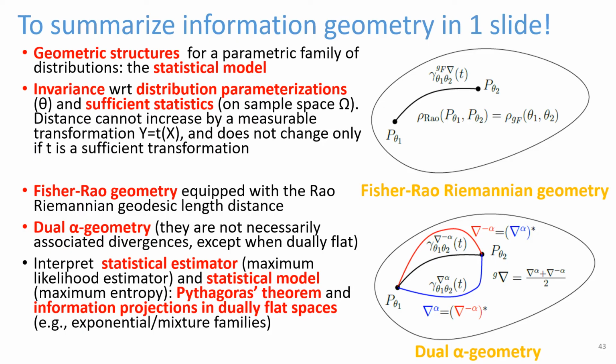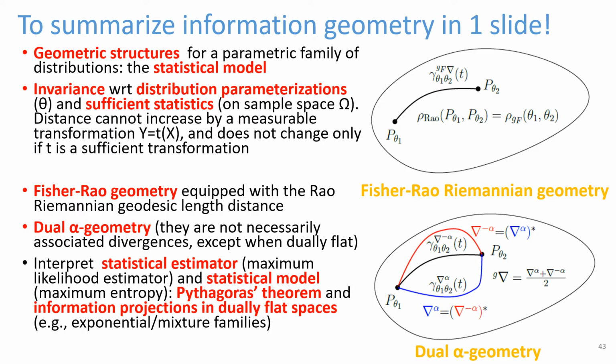We then explained the Fisher-Rao manifolds, which use the Fisher metric induced by the Fisher information matrix and use the Riemannian geodesic length distance called the Rao distance. We show that this Fisher-Rao structure can be extended by considering a pair of torsion-free affine connections which are coupled to the Fisher metric, and we get the alpha geometry, with the zero geometry recovering the Fisher-Rao structure. We also explain the construction of Eguchi to get a dual structure from any divergence.